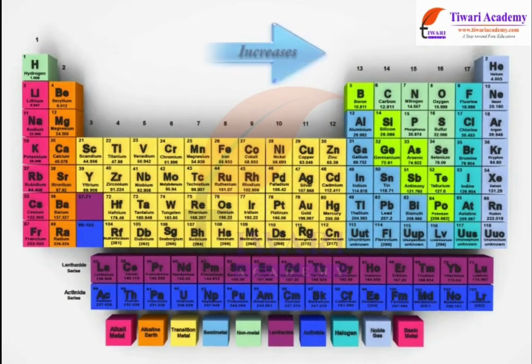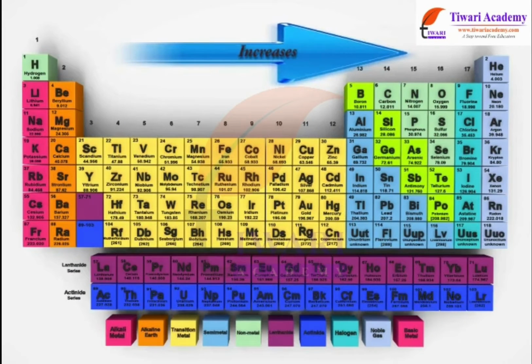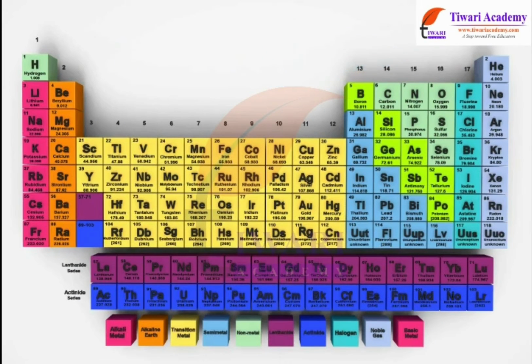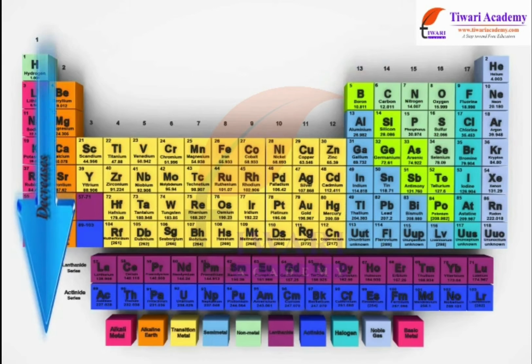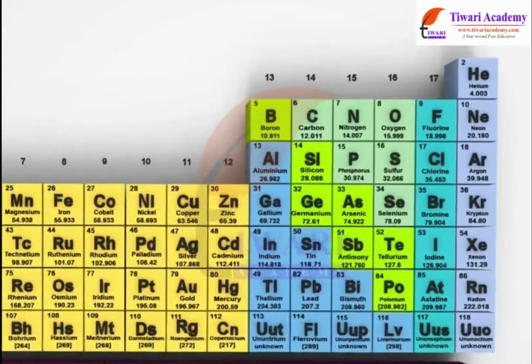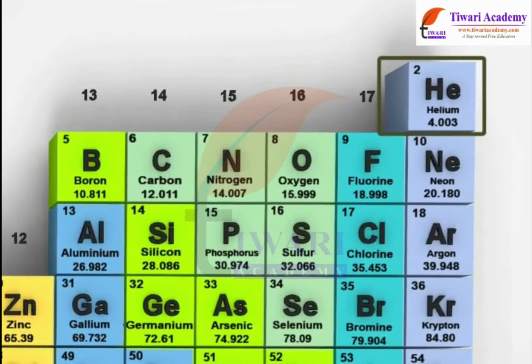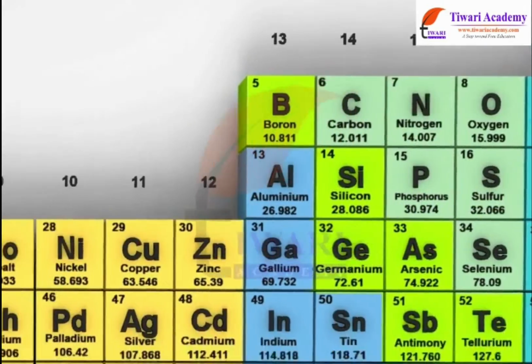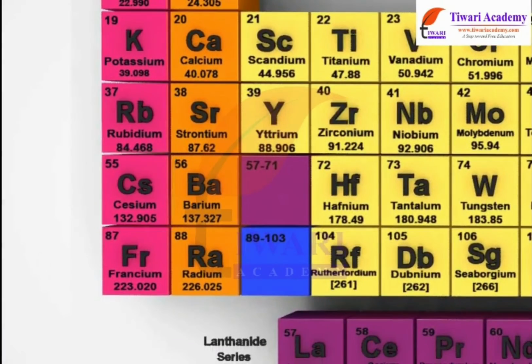Ionization energy increases across a period. Ionization energy decreases down the group. Helium has the highest ionization energy in the periodic table, while cesium has the lowest.